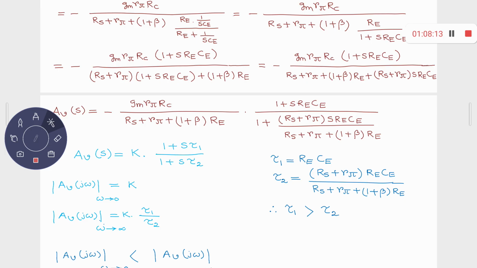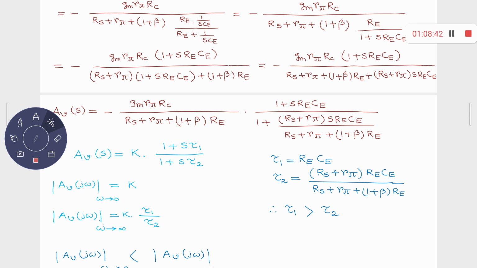But now here you have the S parameter both in the numerator as well as in the denominator. Therefore, to observe the behavior of this kind of frequency response or transfer function, I have to observe it from two extreme points, at very low frequency and at very high frequency. At zero frequency, when omega equals 0, the value of this is simply k.